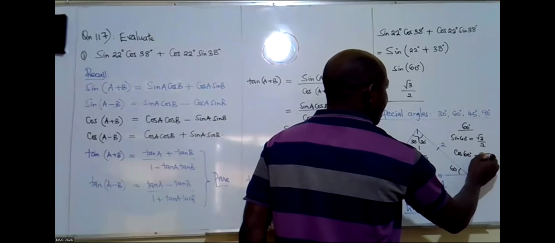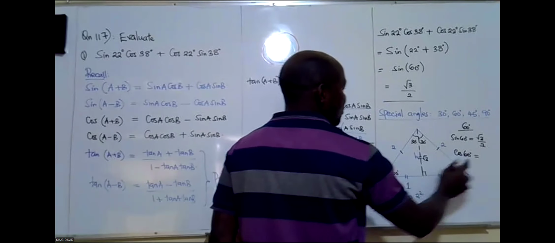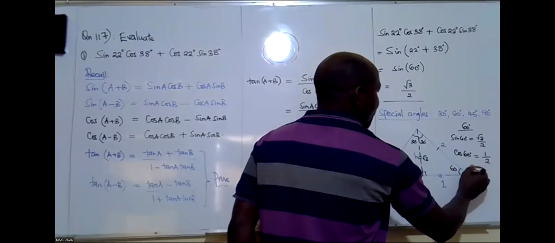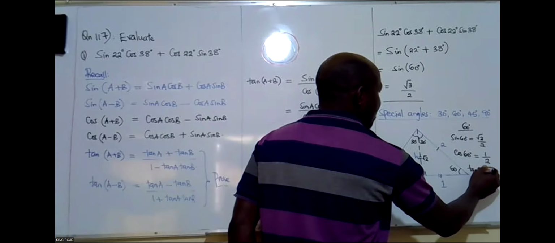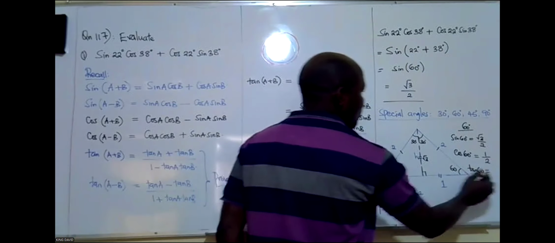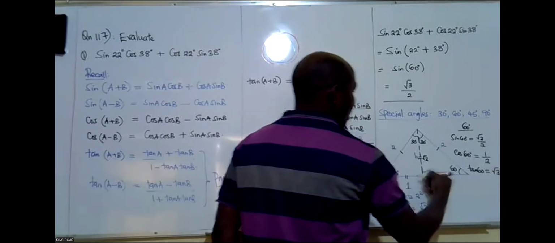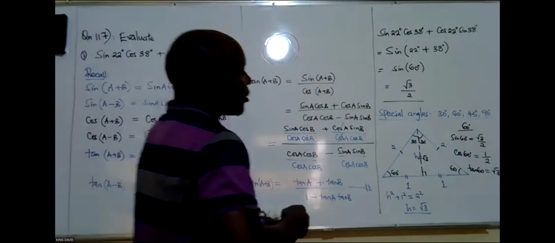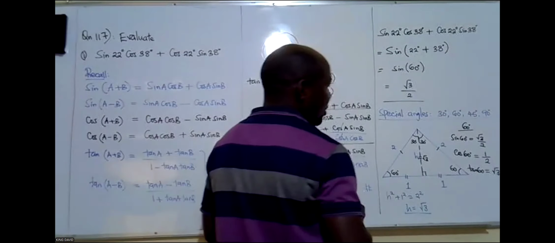Cos of 60 is the adjacent, which is 1, out of the hypotenuse, which is 2. And then the tan of 60 is the opposite, which is root 3, out of 1, which remains root 3. So that is going to be for 60 degrees.